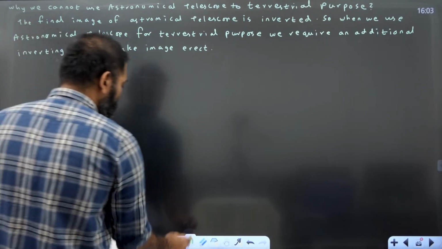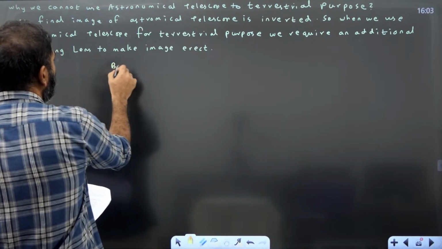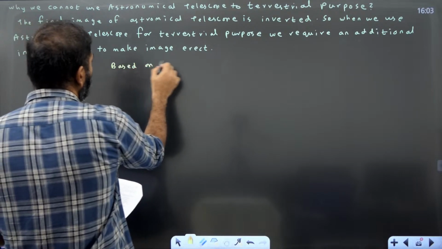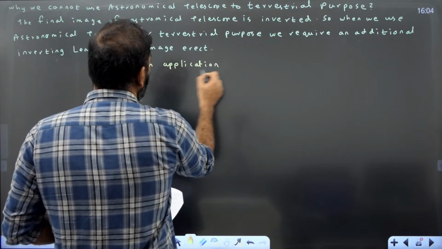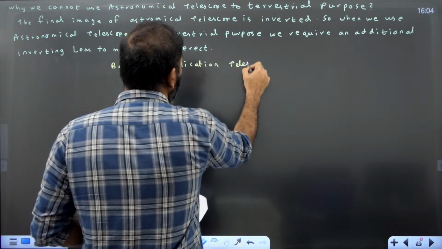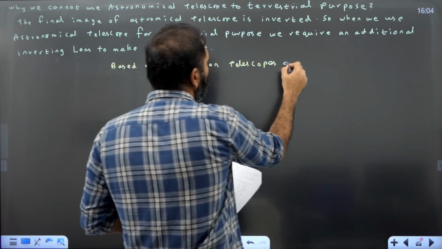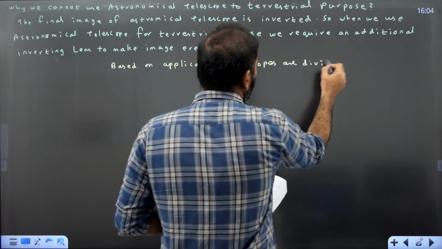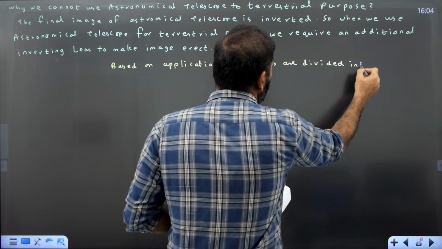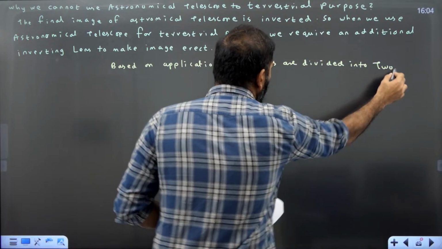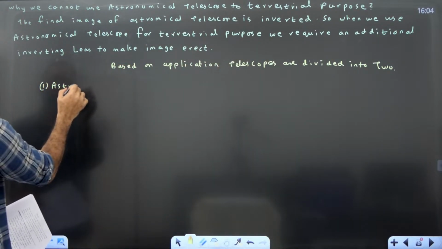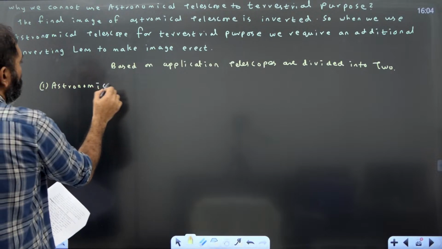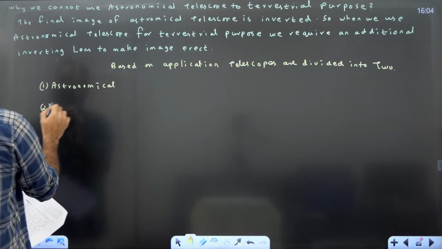Now next point, based on application, telescopes are divided into two. What are they? First one, astronomical. Second one, terrestrial.